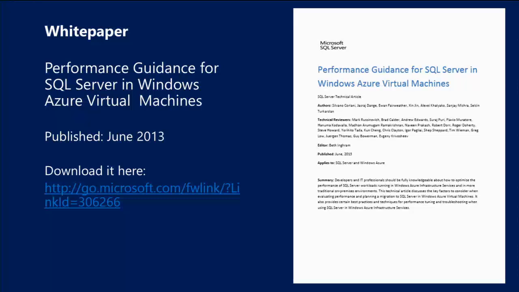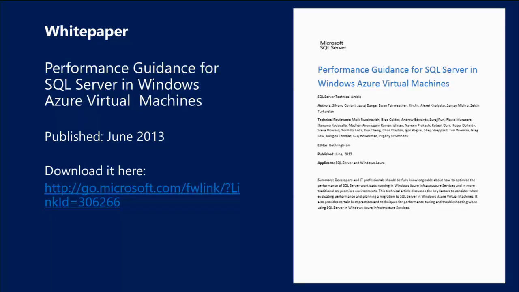Before I do, I'm going to try and sell you a book. Hopefully, it won't be too hard a sell because it's free. Anyone actually downloaded this book or this white paper yet? Very good. If this session is kind of a summary of our learning so far, this is the real in-depth summary. Performance guidance for SQL Server and Windows Azure Virtual Machines. This is our performance team. They've done a lot of work, a lot of benchmarking, a lot of work with customers, applied a lot of lessons learned.